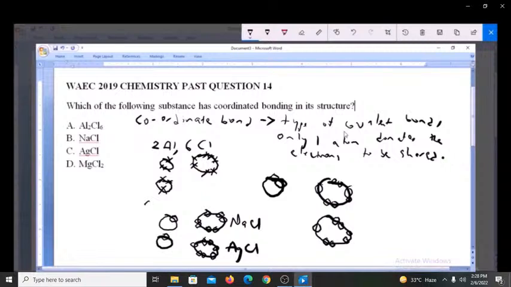As for magnesium chloride, magnesium will donate 2 of its valence electrons to the 2 chlorine atoms. So that is also an electrovalent bond. So all of them, this and this, are electrovalent bonds.